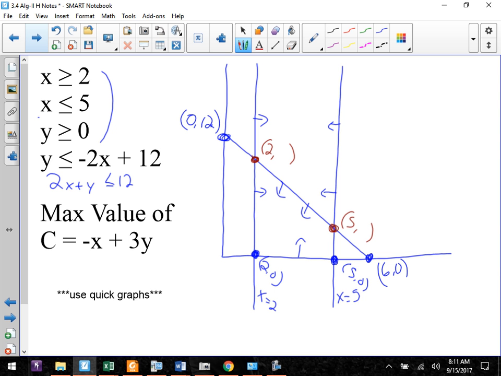All I have to do then is substitute into here to figure out what y is. Pretty nice, isn't it? You're using system of equations with rather simple scenarios. So what is negative 2 times 2? Negative 4 plus 12 is 8. Excellent. What is negative 2 times 5? Negative 10 and 12 is 2.